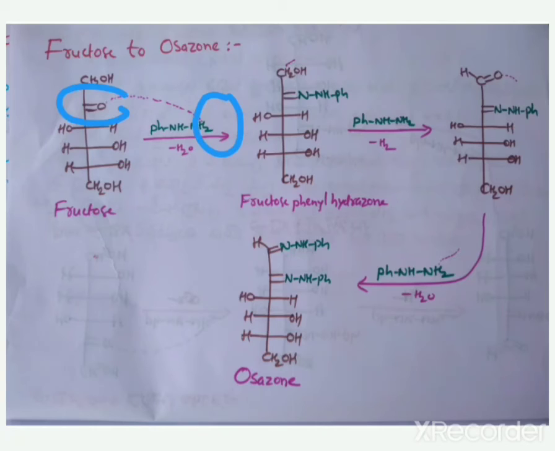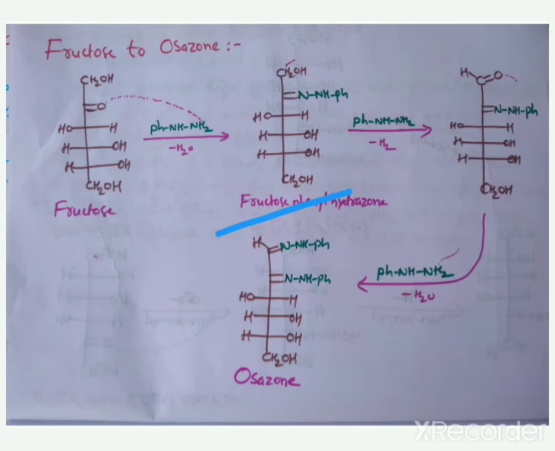This H2O is further eliminated. So PhNHNH2 removes oxygen from this place, and we get fructose phenylhydrazone.